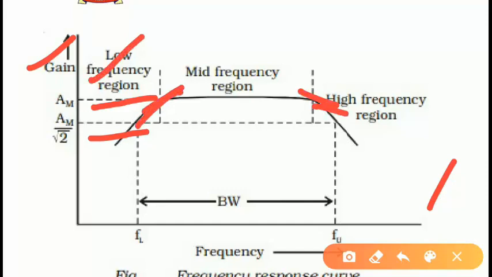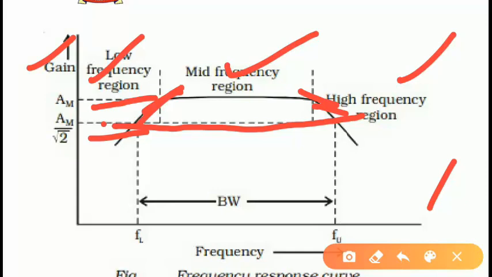This is called low frequency region, this is mid frequency region, and this is high frequency region. This curve comes due to the capacitors used in the common emitter stage amplifier, and this is the 70.7% of maximum gain. So we have two frequencies, low cutoff frequency and high cutoff frequency, or can say upper cutoff frequency.